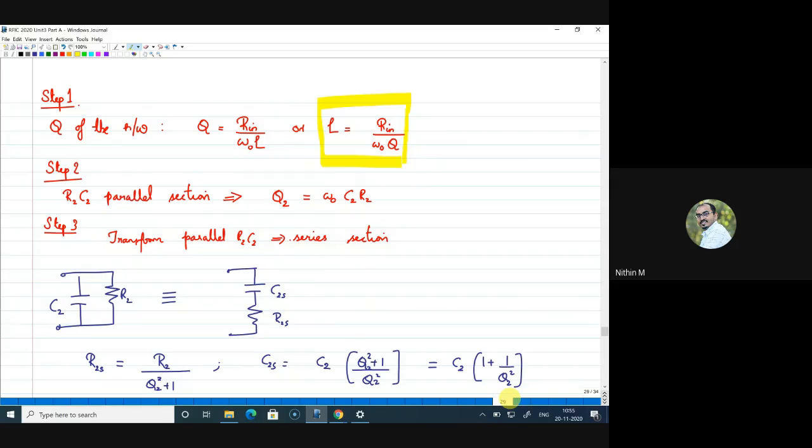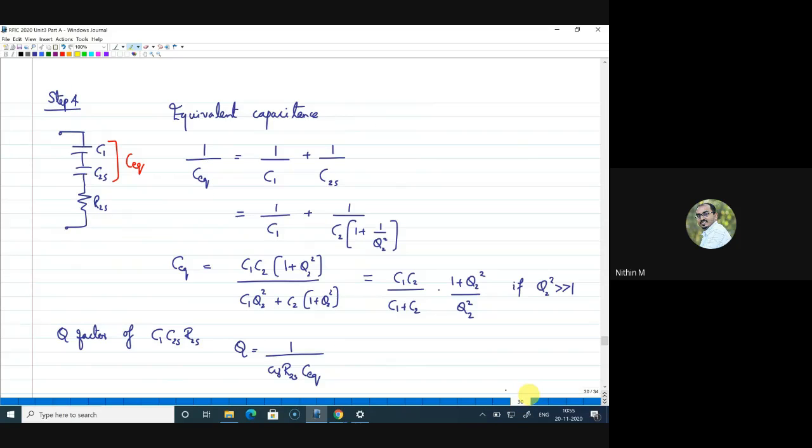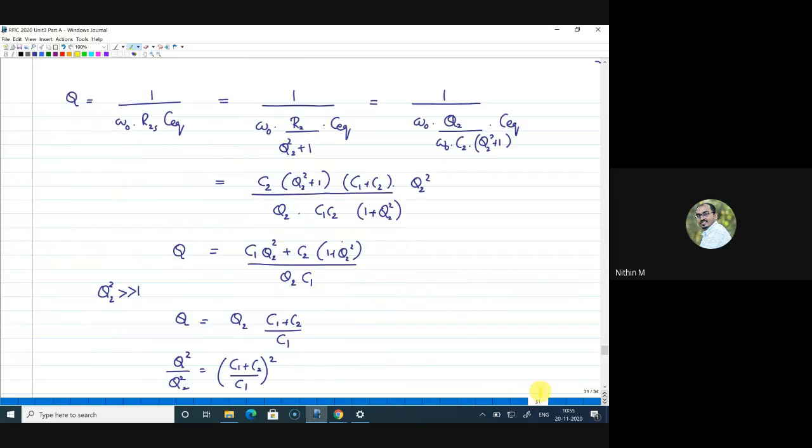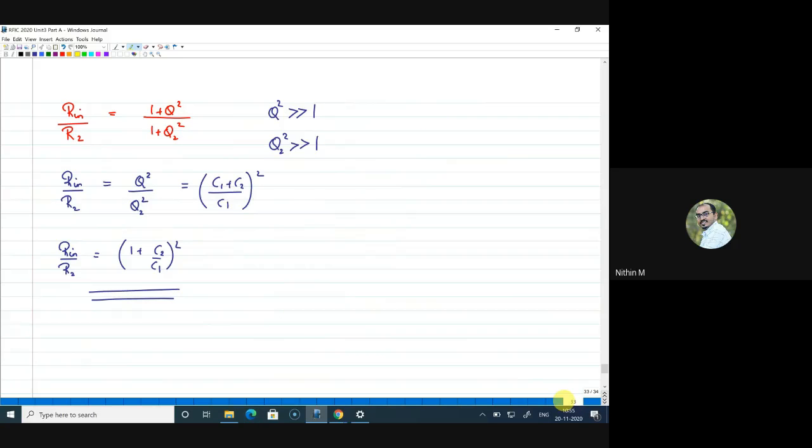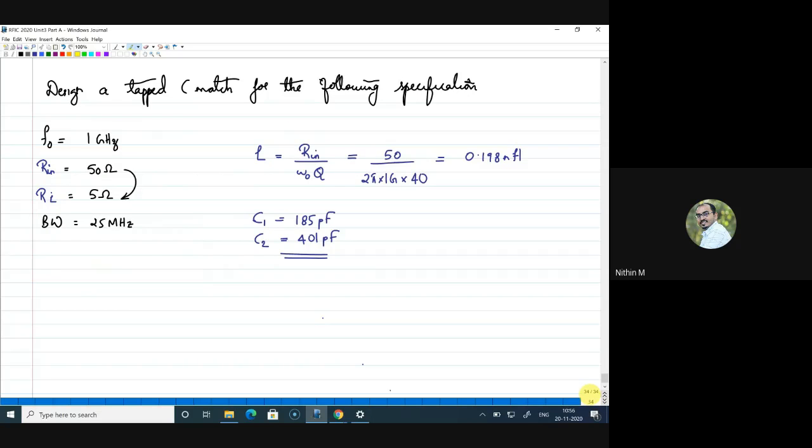So L you would have used, then you would have used this Q2 formula. All right, so C1, the answers are right. C1 is 185 pico and C2 is 401 picofarad.